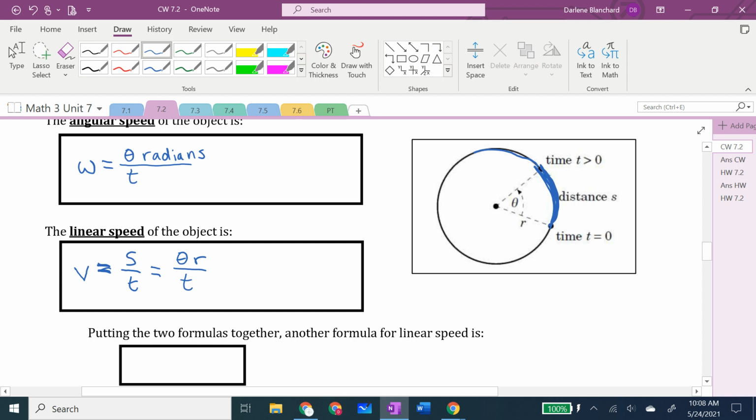Now I want to point out something interesting. Theta times r divided by t can be written as r times theta over t.